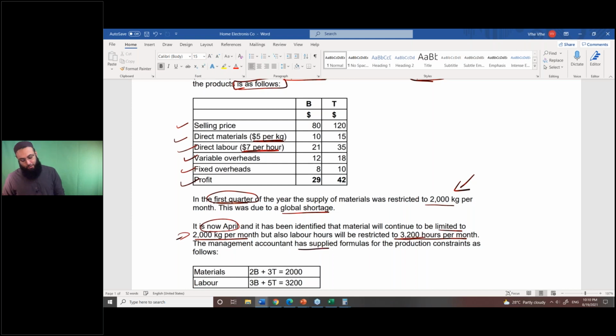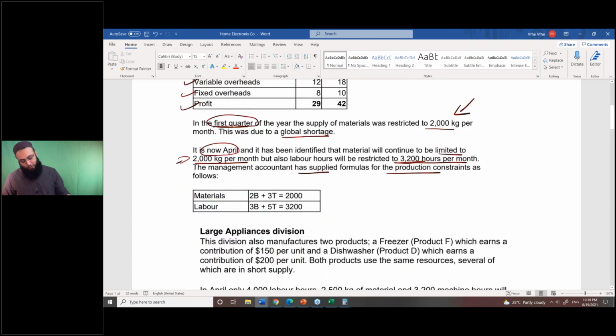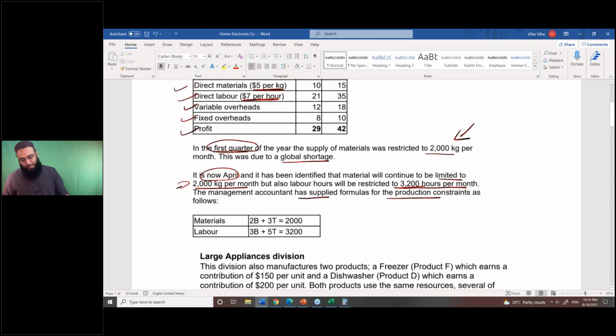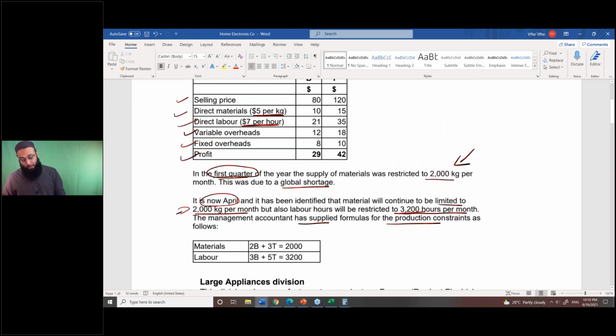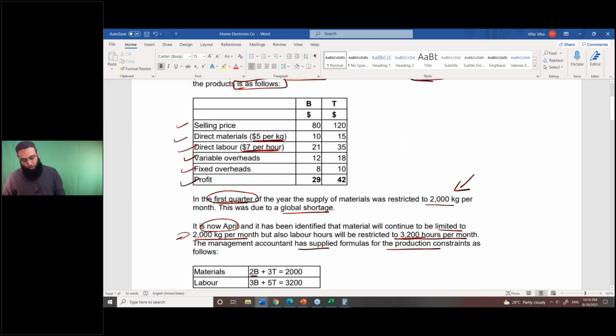The management accountant has supplied formulas for the production constraint as follows. You can see the limiting factors are represented in terms of constraints, which say to make 1B, 2 kgs is required, and to make 1T, 3 kgs are required with a maximum of 2000, because the word restricted means it's maximum.